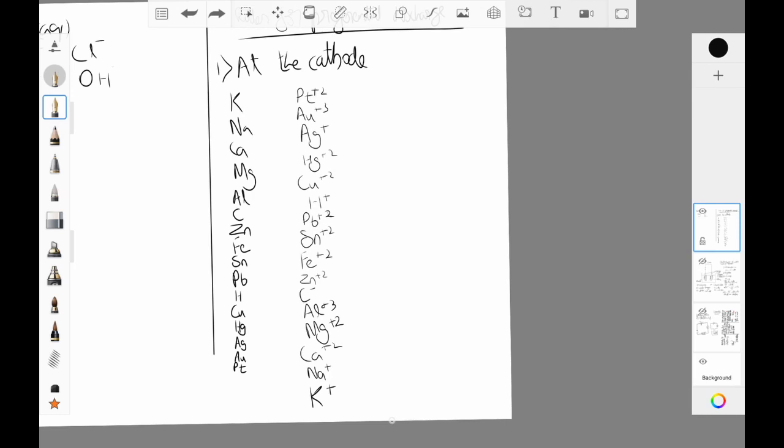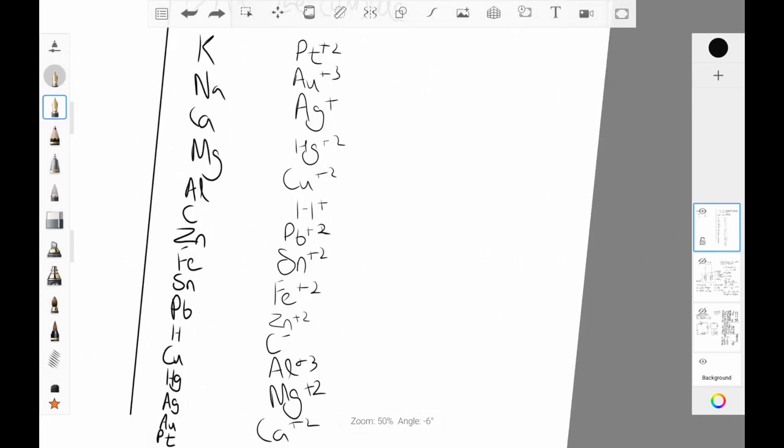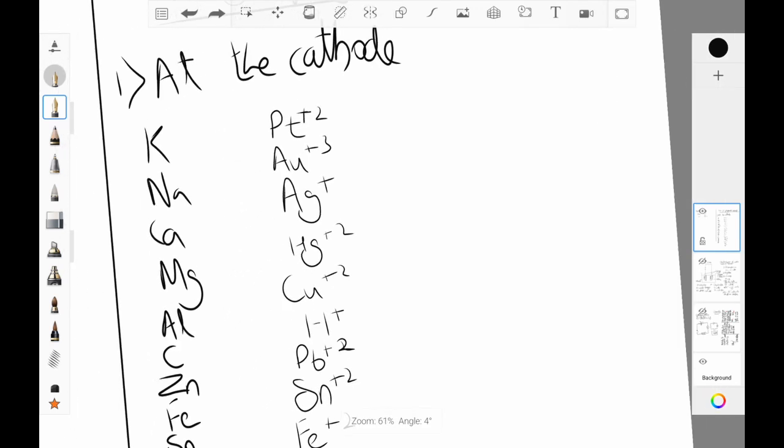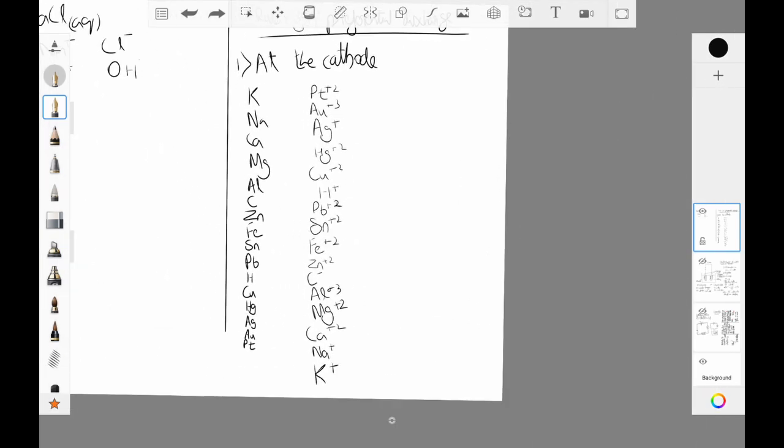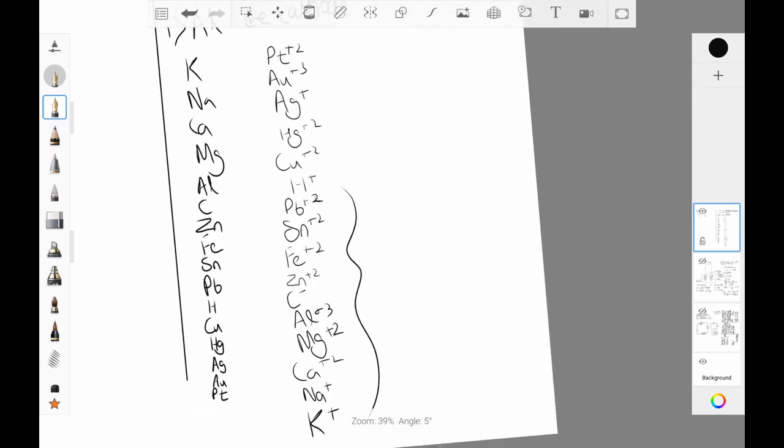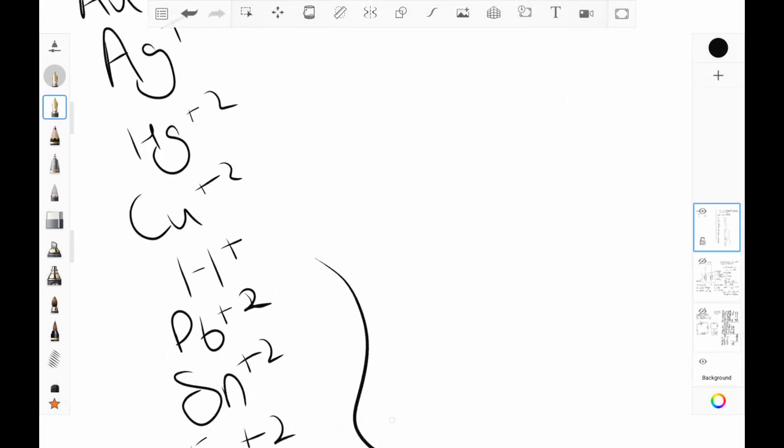Now, what does this mean? It means that any of the ions that are below the hydrogen ion in the electrochemical series will not discharge at the cathode.